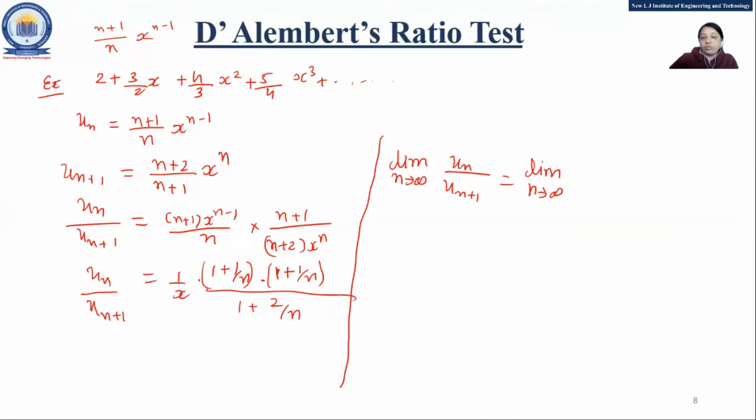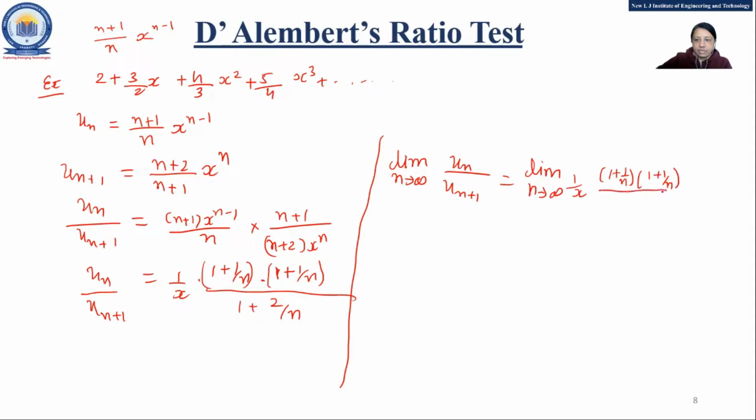Now what we are going to do, we'll take the limit on both sides. So what should be the answer? That was the last question, right? What is the answer of this one? Okay, take the limit on both sides. That means this is 1 upon x, right? 1 upon x here, and this is my un upon un plus 1, that is 1 plus 1 by n, 1 plus 2 by n.